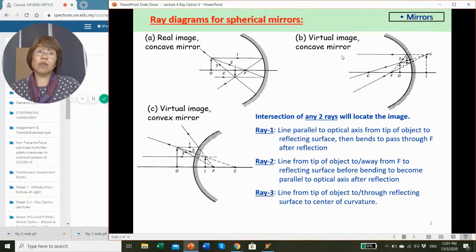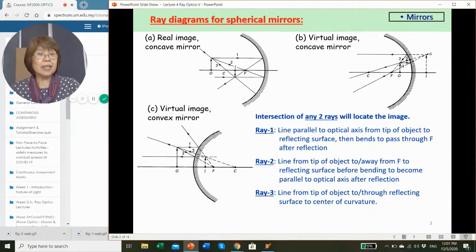For a virtual image formation, that's the condition where the object is placed in front of the mirror, but the distance from the mirror is less than the focal length. So for this one, again, we have ray 1, which is parallel to the optic axis and gets reflected through the focal point. And then another ray, let's now take the one that goes through the center of curvature.